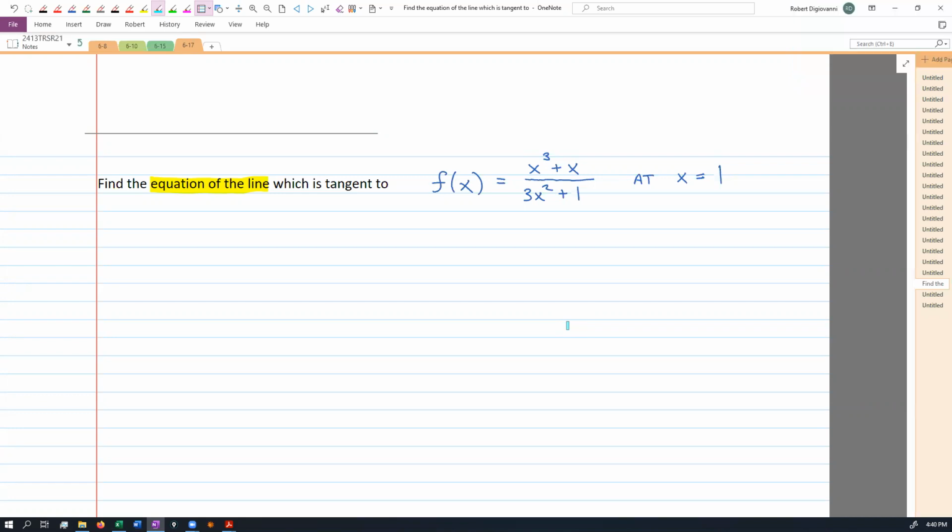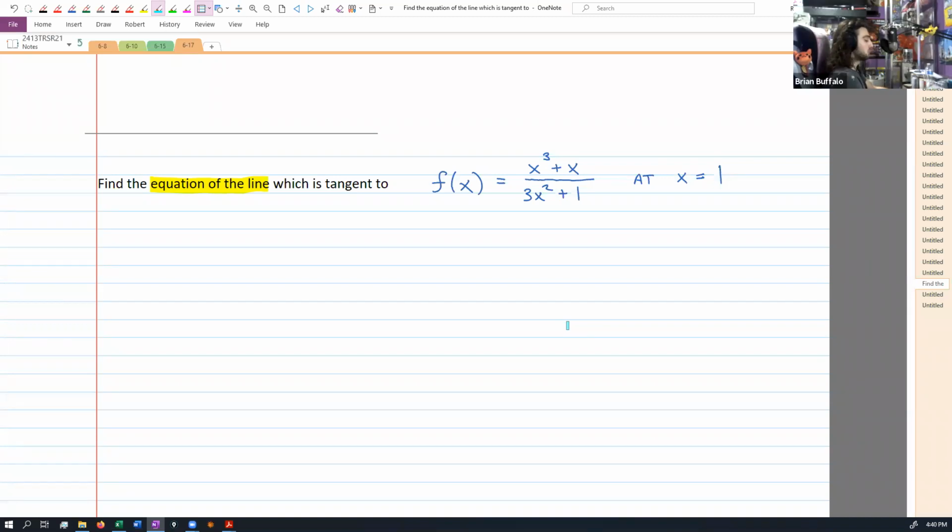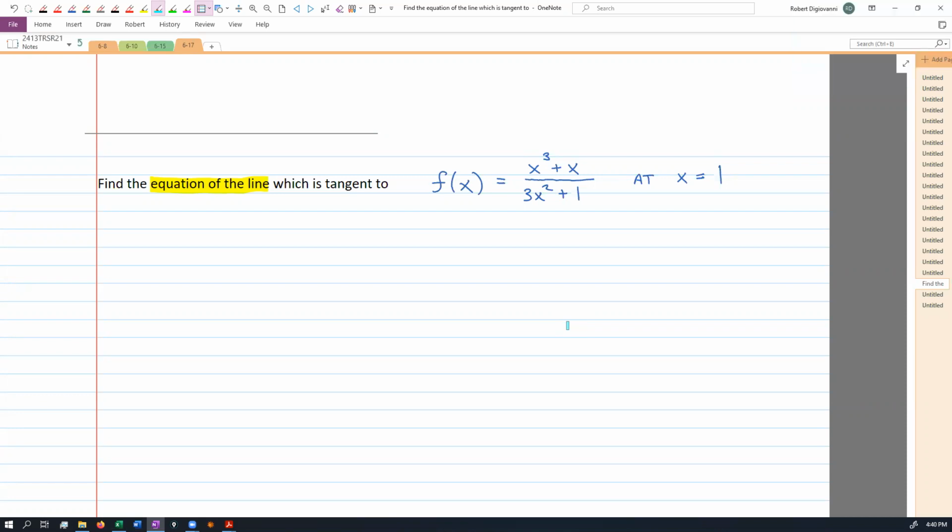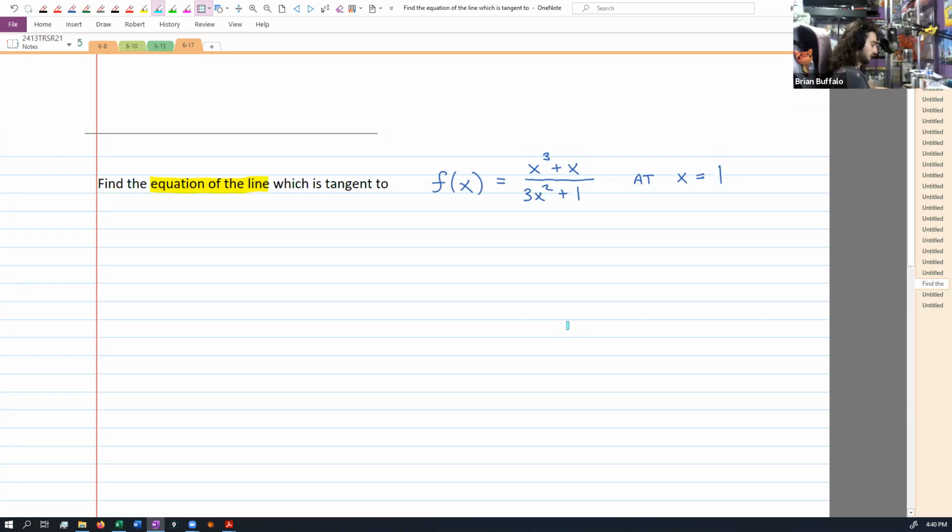If you're plugging the x into the derivative, that gives you the slope of the tangent line. You would plug the x into the original function to get the y. Okay, so the 1/4 is the slope. Yep. Awesome, thank you.